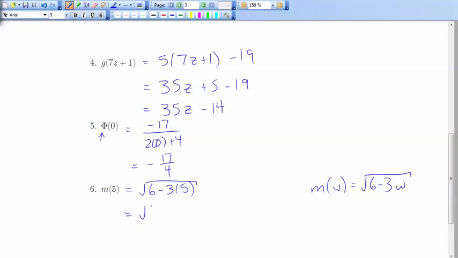I end up under my square root sign with -9, 6 minus 15. And of course, we know that there's no real number that is the square root of -9. There's no number you can square to get -9. No real number, at least. Okay? So what we would say is that m of 5 is undefined.